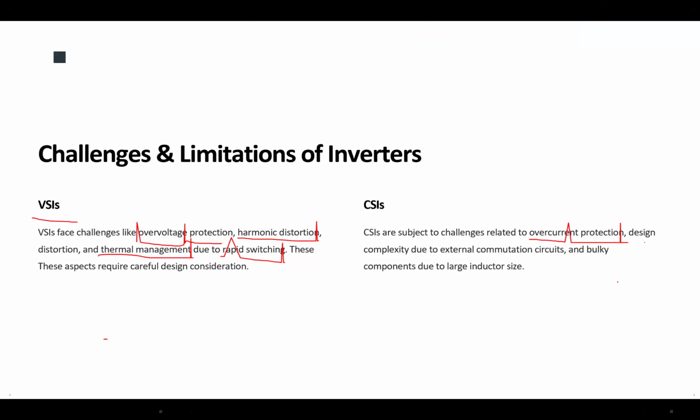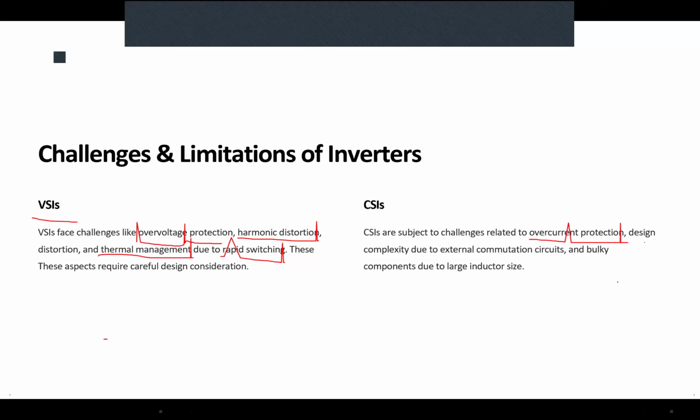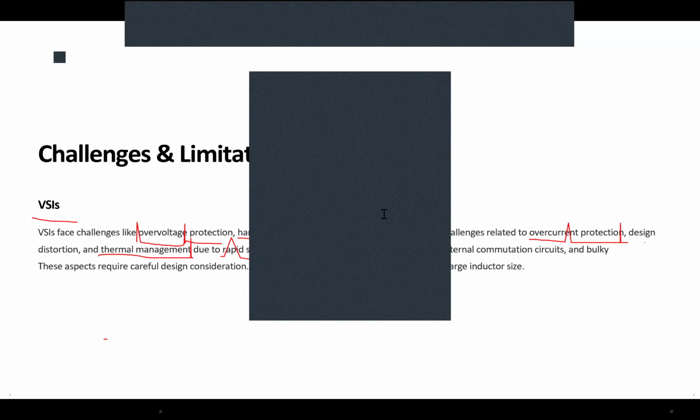That means you need to have an overcurrent protection in order to control or protect your component over the overcurrent.